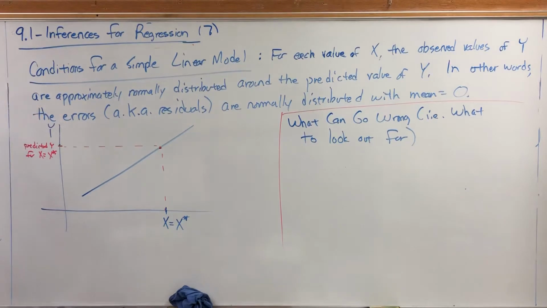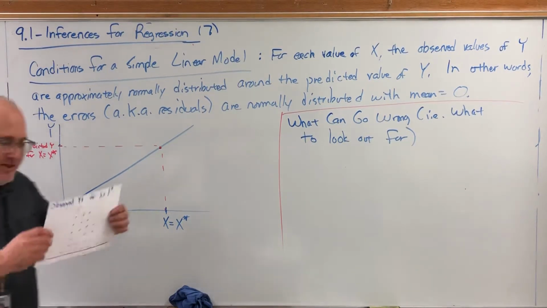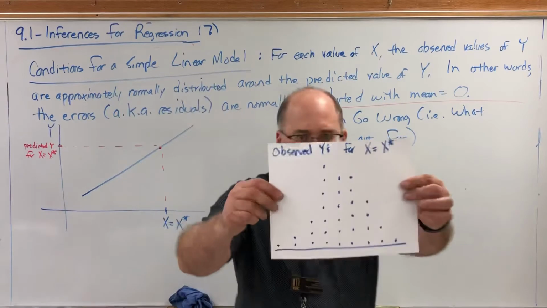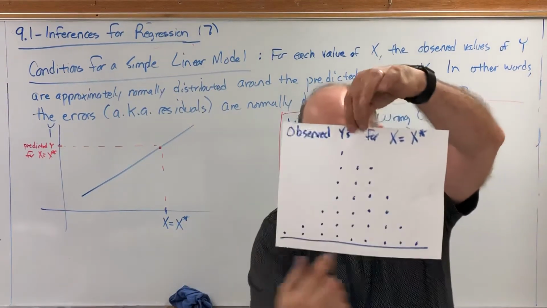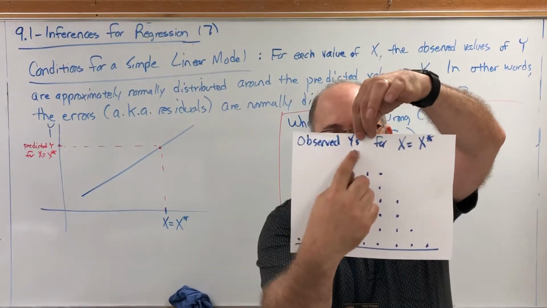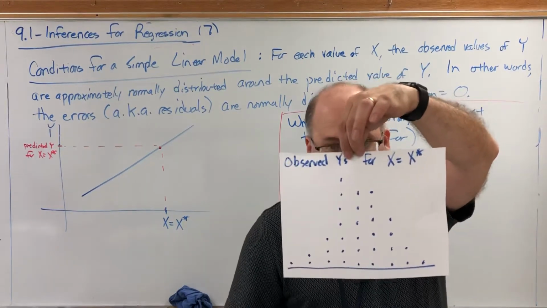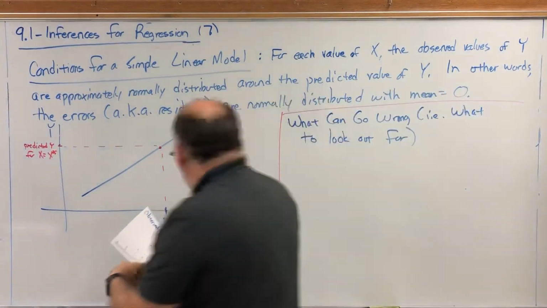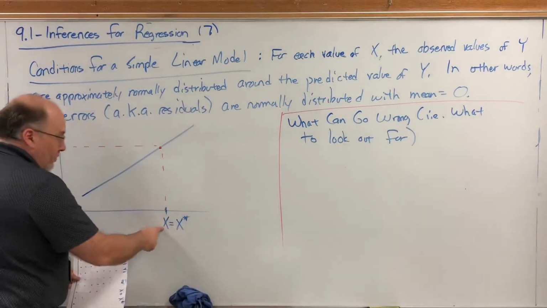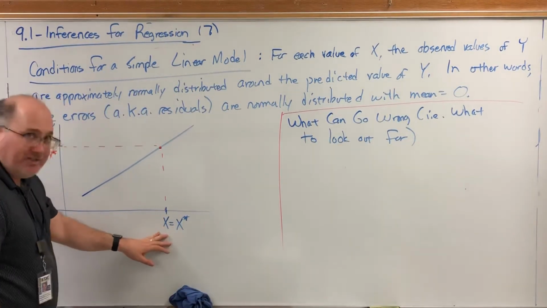So what does it mean for the observed values of y to be approximately normally distributed around the predicted value of y? Well, let's say that this dot plot represents the observed y values for that specific x value. In other words, let's go back to the bills and tips.